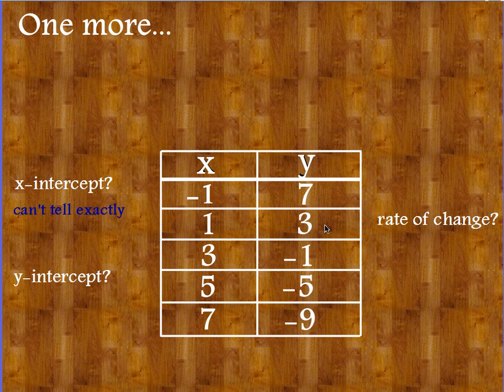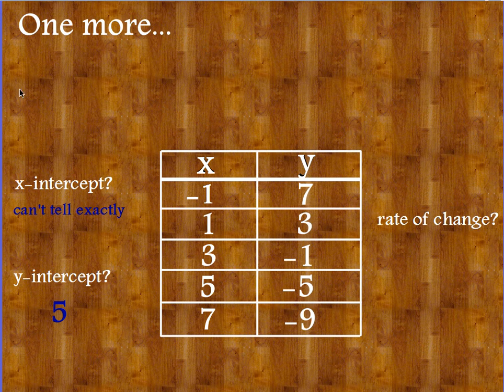And to find that midpoint, we take the average of the two values. So 7 plus 3 is 10. When I divide that by 2, I get 5. My y-intercept is going to be at the point (0, 5), or I can just say the y-intercept is at 5. The reason it wouldn't have worked for our x-intercept is because 0 is not exactly halfway between 3 and negative 1. So we can't use the same trick to find our x-intercept.